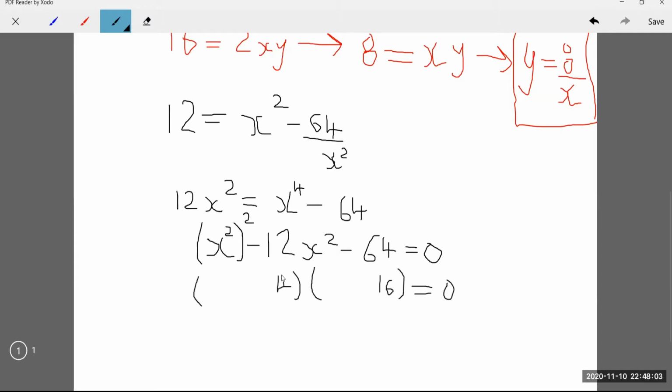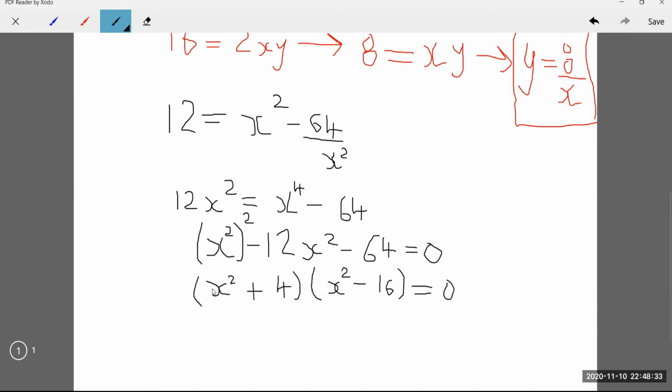And in order for me to get negative 12, I would need a negative 16 and a positive 4, because the 4 times the 16 would give me the 64. Now we need x squared squared. For it to be x squared squared, we need an x squared here, and we need an x squared here. So now this looks just about right.